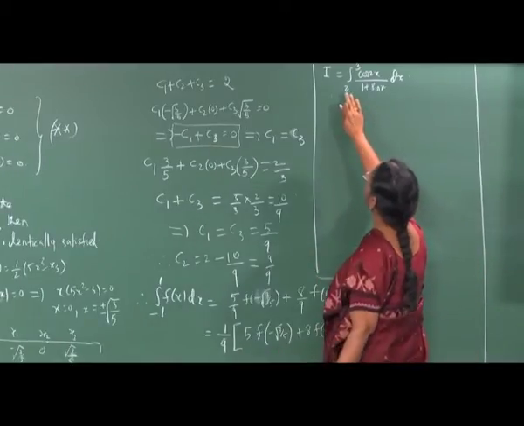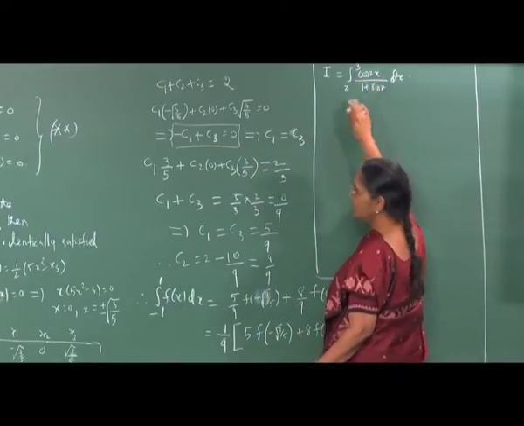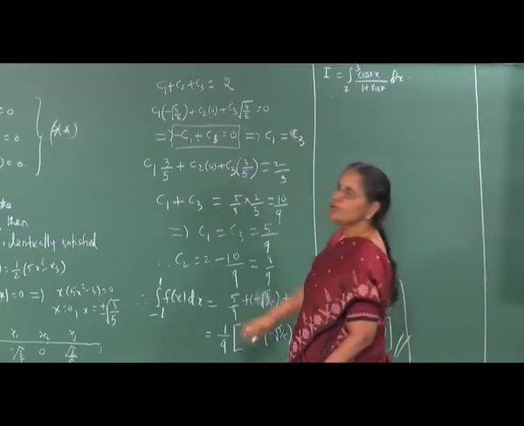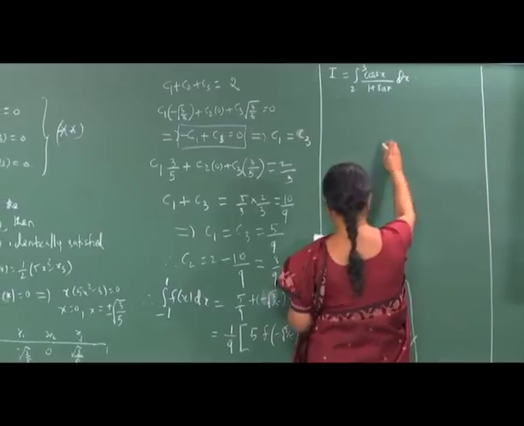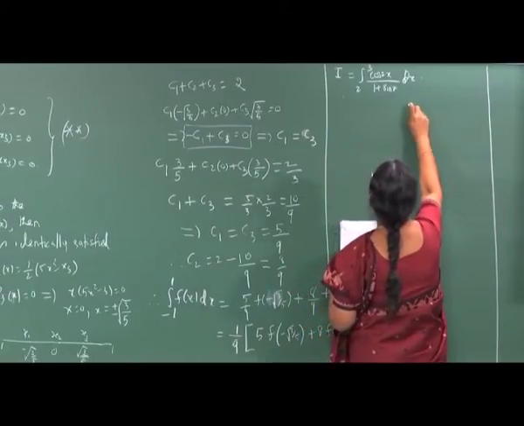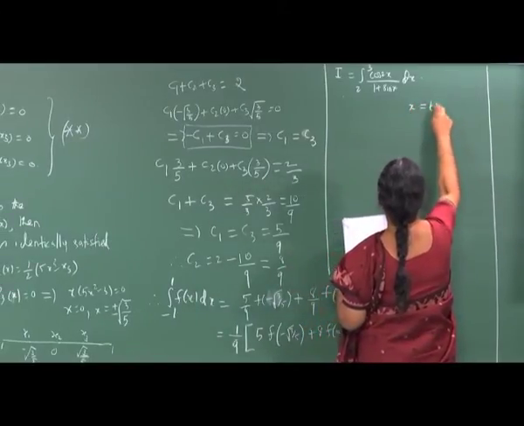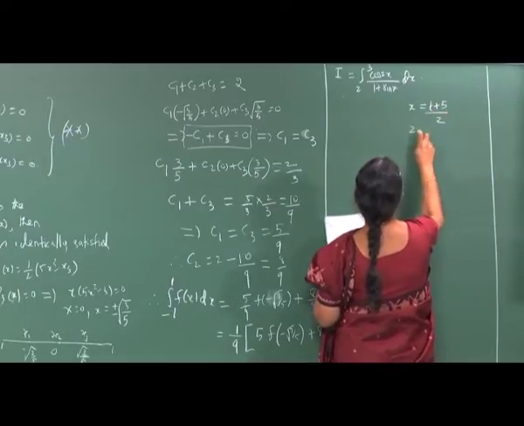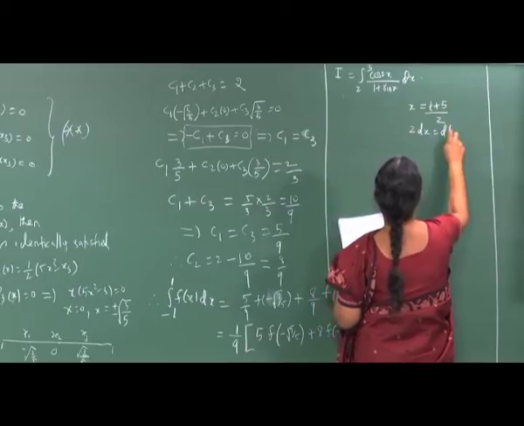So, since the interval of integration is from 2 to 3, we must change this interval to minus 1 to 1. So, we use the transformation that x is equal to (t plus 5) divided by 2. So, that 2 dx will be equal to dt.